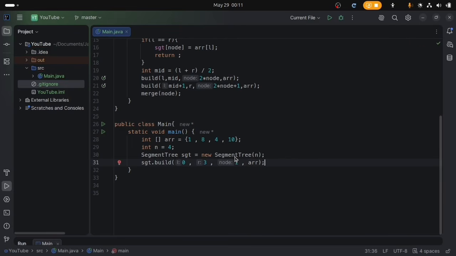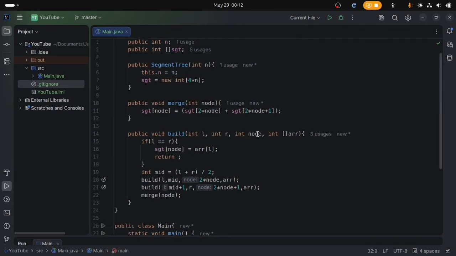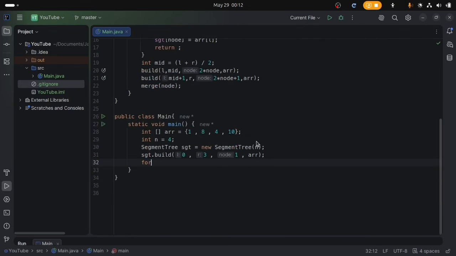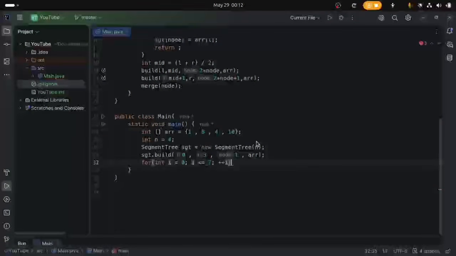Okay, so let's print the values. Since it's a power of 2, there will be 7 nodes, so i less than equals to 7, s out, st of i. Okay, fine.